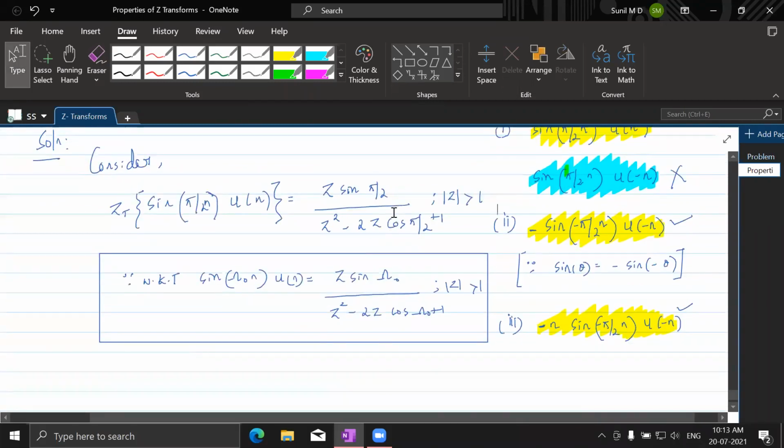Fine. What is sine pi by 2? Sine pi by 2 is 1 and cos pi by 2 is 0.